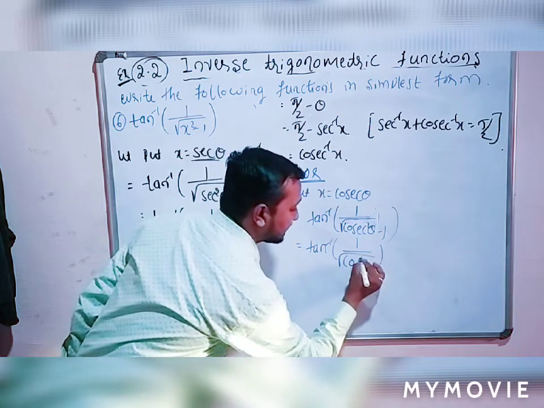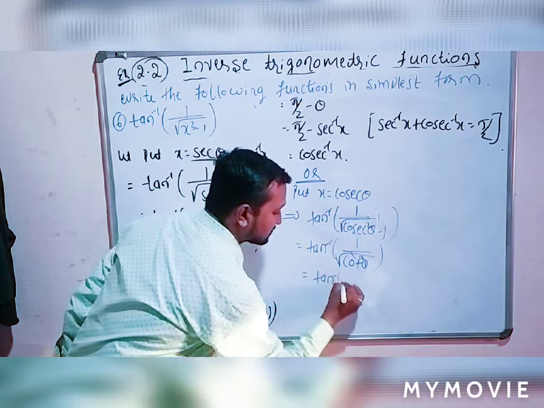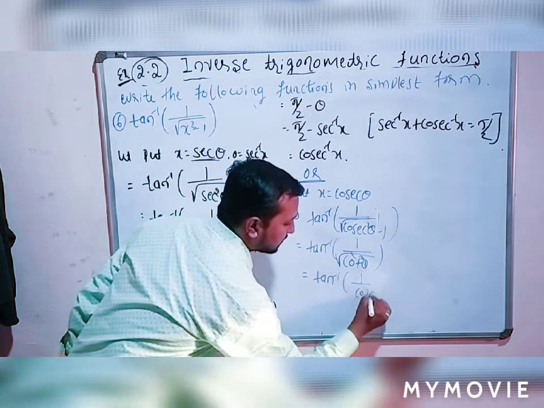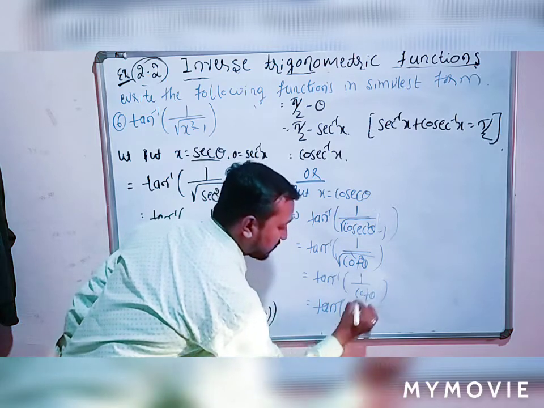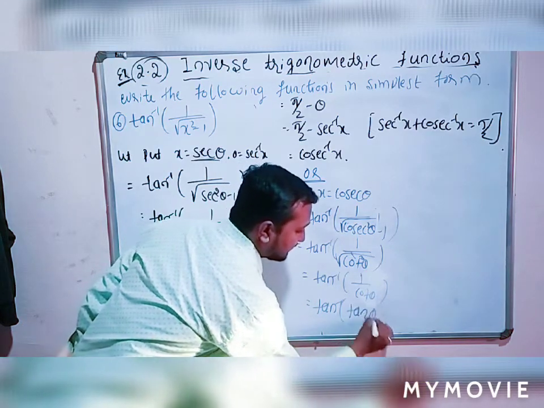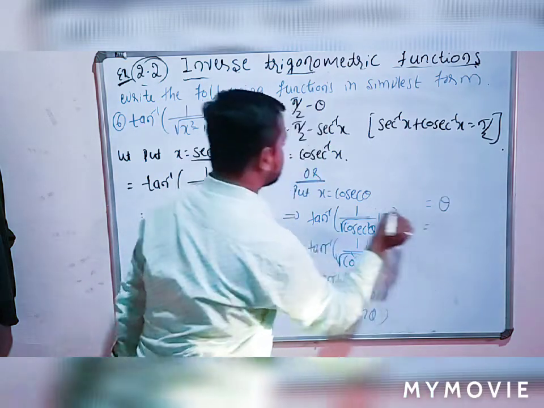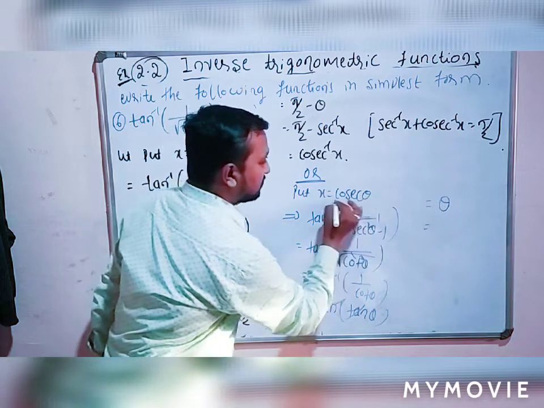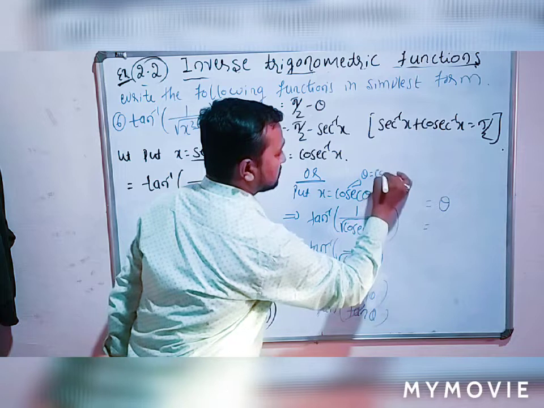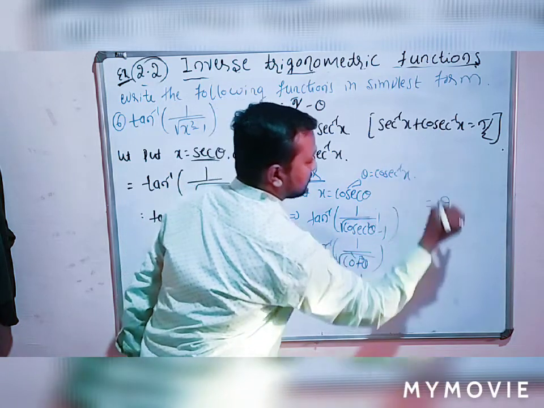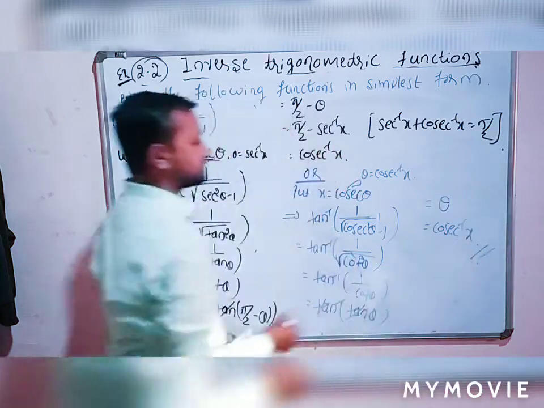So tan inverse of 1 by cot theta. 1 by cot is nothing but tan theta. Tan inverse tan get cancelled. The remaining step is theta. What is your theta? Theta is nothing but cosec inverse of x. Cosec inverse of x is the answer.